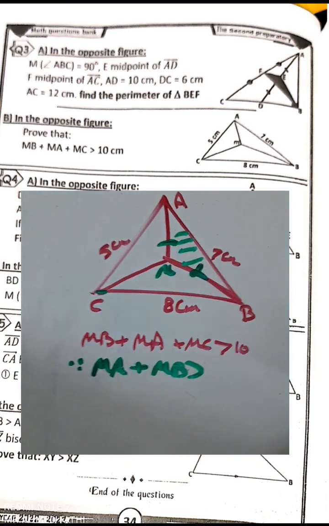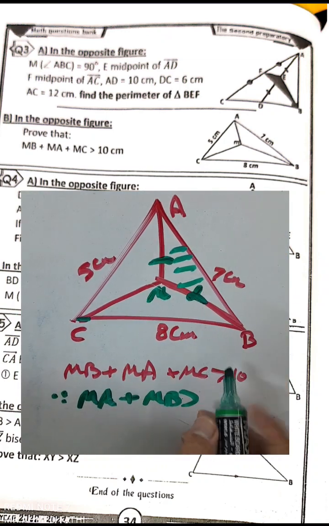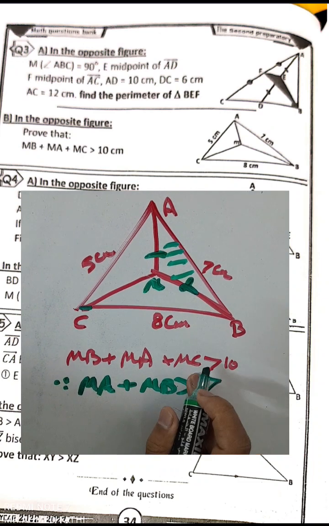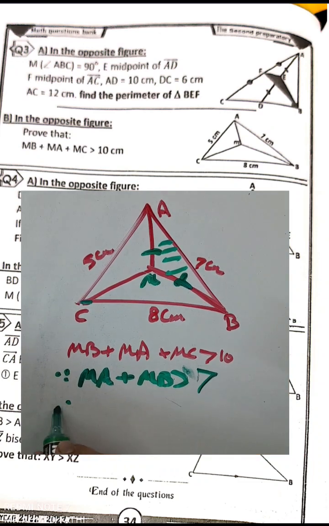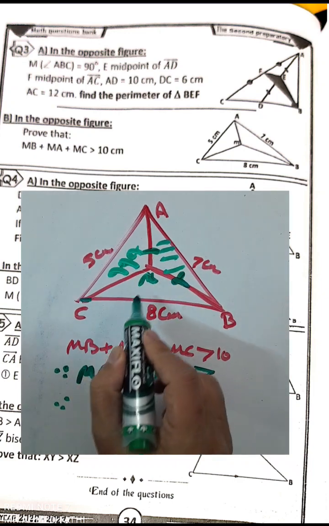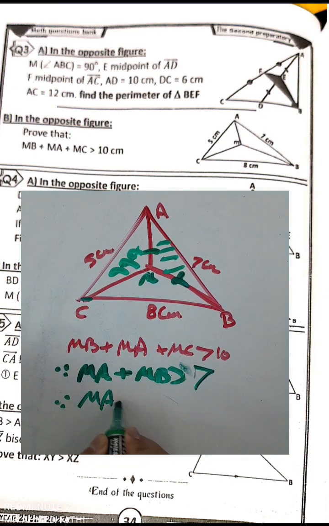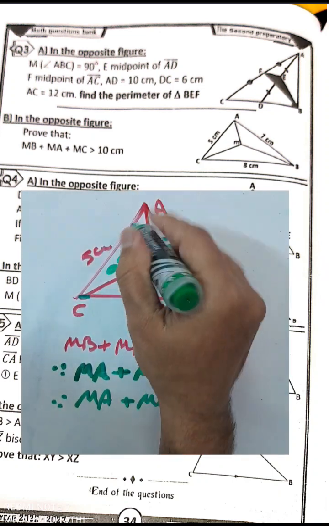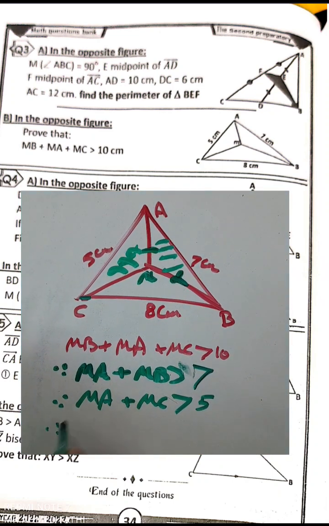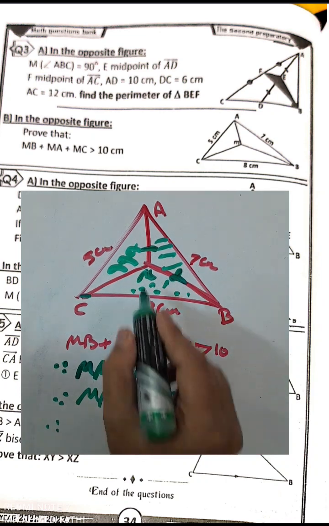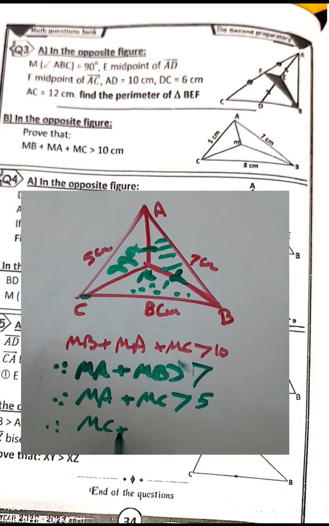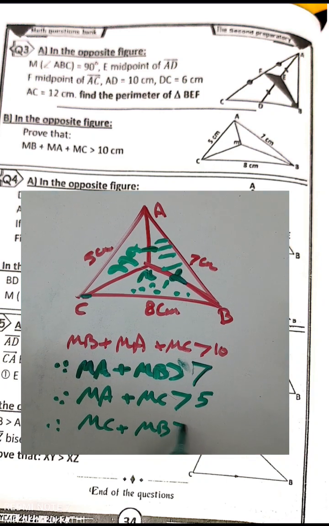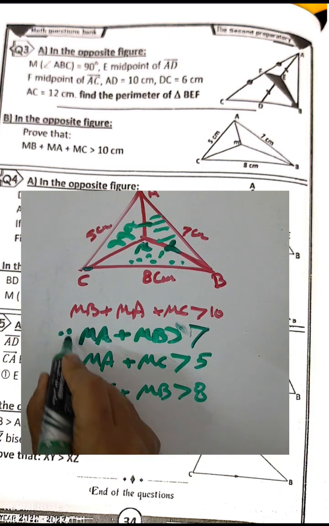In this triangle, MA plus MB is greater than 7. In this triangle, MA plus MC is greater than the third side, 5. And in this triangle, MC plus MB is greater than 8.